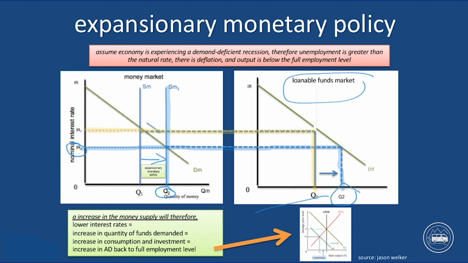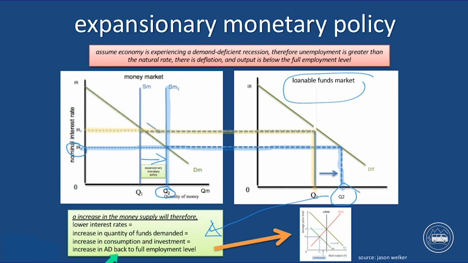And what did that do? Oh my goodness gracious. As a result of an increase in the money supply, there's going to be a lower interest rate, which equals an increase in the quantity of funds demanded, borrowed money, which will equal an increase in consumption and investment.